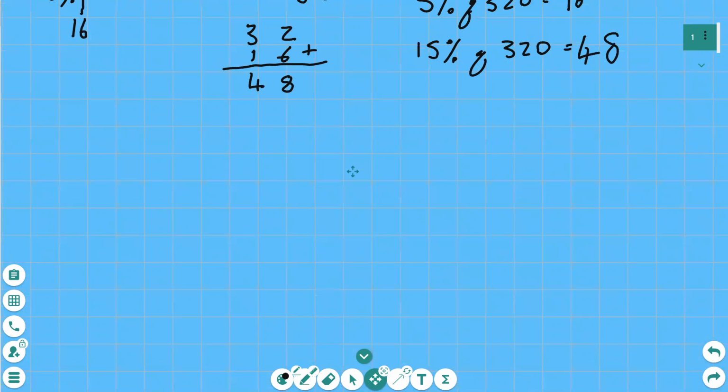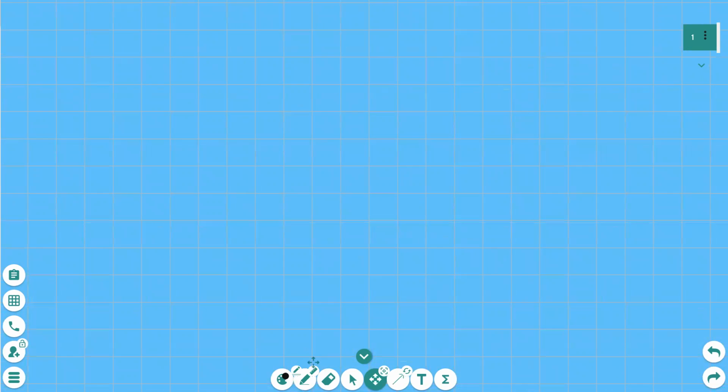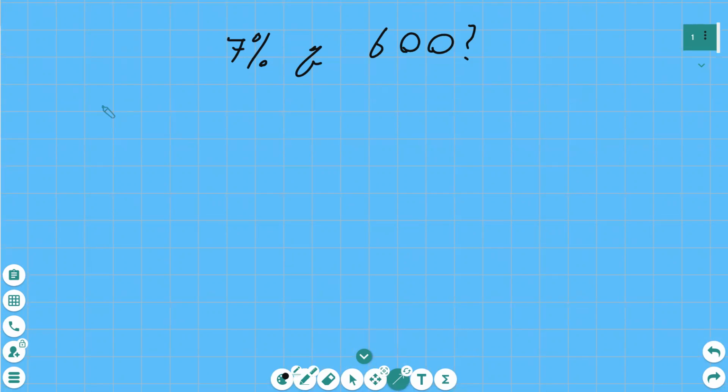Now let's do an even more complicated one, which is sometimes you'll get a question like 7%. 7% of 600. What's that? And you think, oh. But actually you can use the same process of having building blocks. So let's again do our number line. I'll make it a bit longer actually, because it'll make it easier.